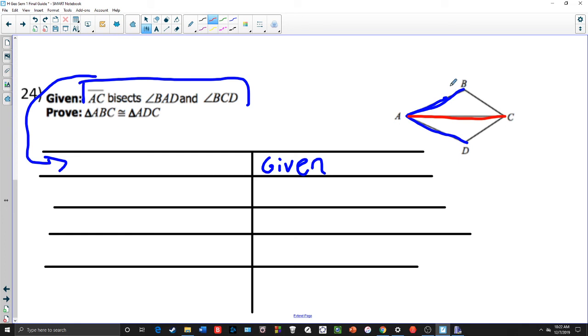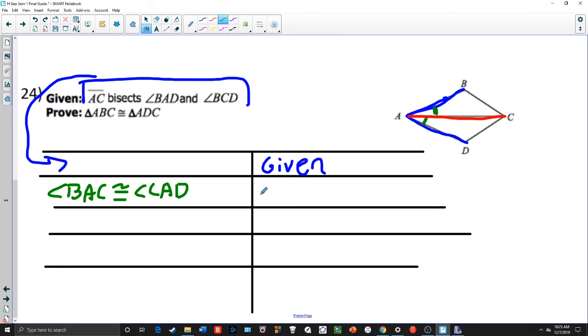So if BAD is split into two equal pieces, that means the top piece, BAC, has to be equal to the bottom piece, CAD. So BAC, this top piece, is congruent to the bottom half, CAD, this bottom angle right here.